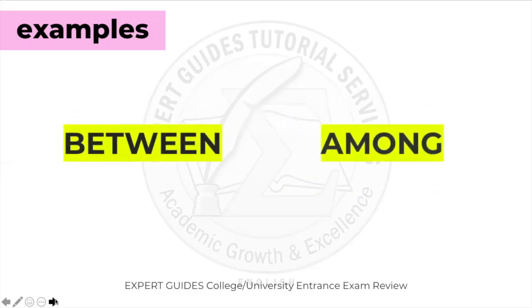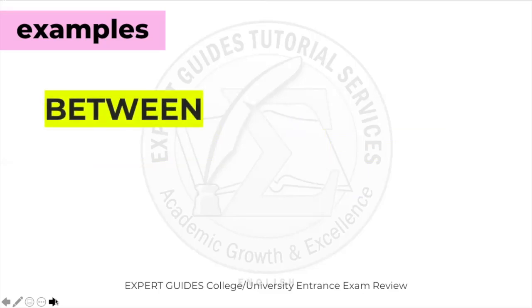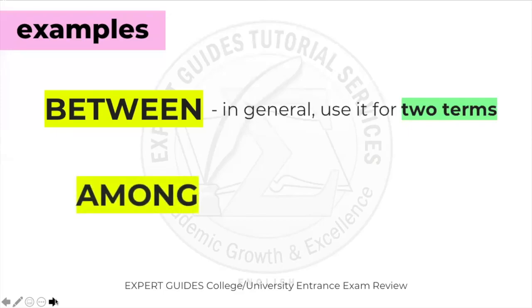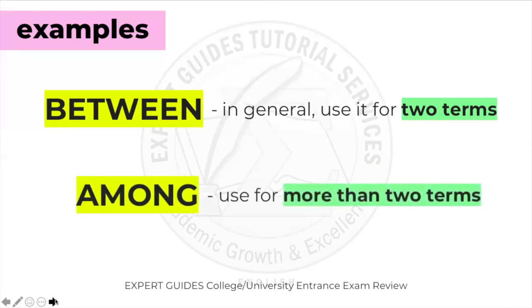Okay, so between and among, the second pair of words. So we use between when we are talking about or comparing at least two terms or two objects. We use among when we are talking about or comparing more than two terms or more than two objects.